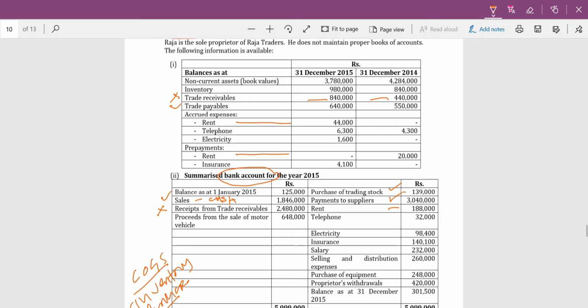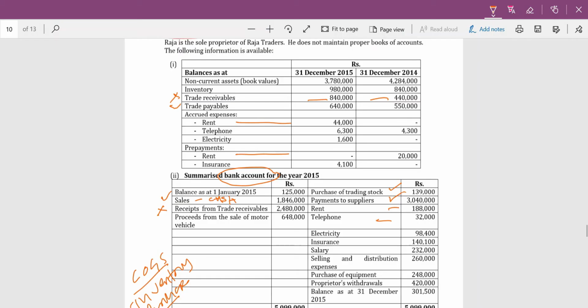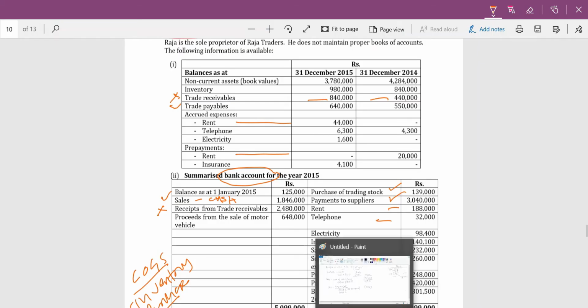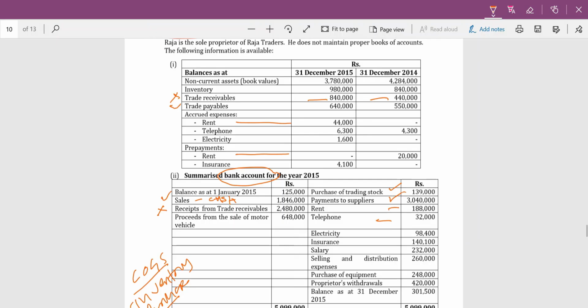Then let's move on to the other expense, telephone, 32,000. So we'll take telephone expenses. How much has been paid? 32,000. Just check whether there are any opening prepayments. There is no prepayment account, but however accrued expenses are there, opening and closing.